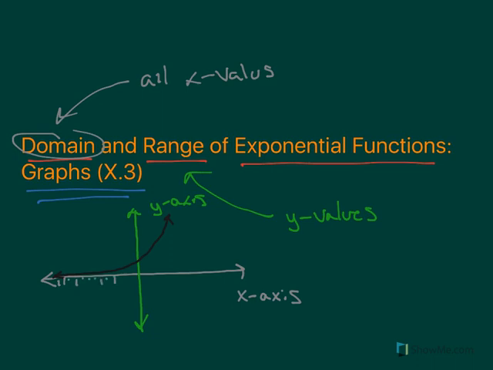Since the graph keeps going indefinitely, all these x values would be possible for this particular function. Technically the graph keeps going up and up, and as it's going up, it's still drifting to the right, so all these x values are possible and it keeps going indefinitely. So for your x values, we would say the domain would be all real numbers.